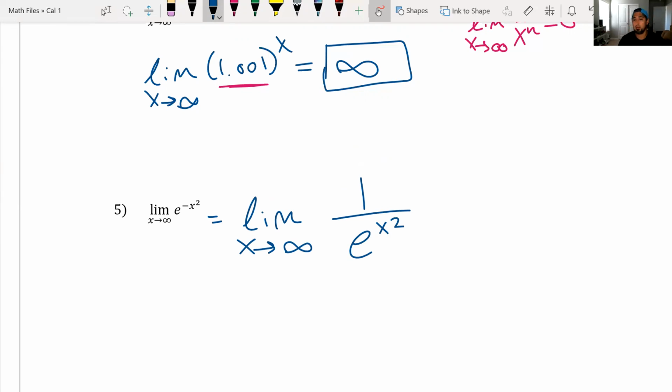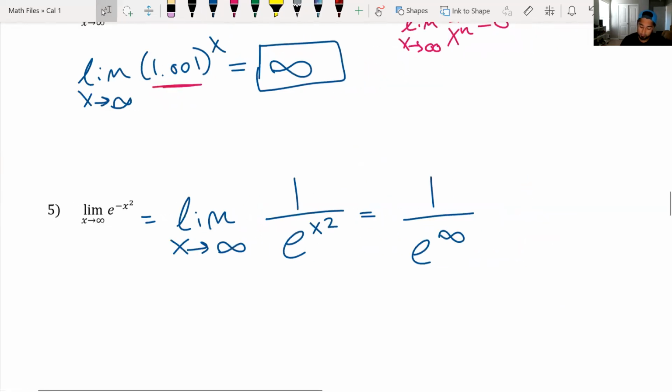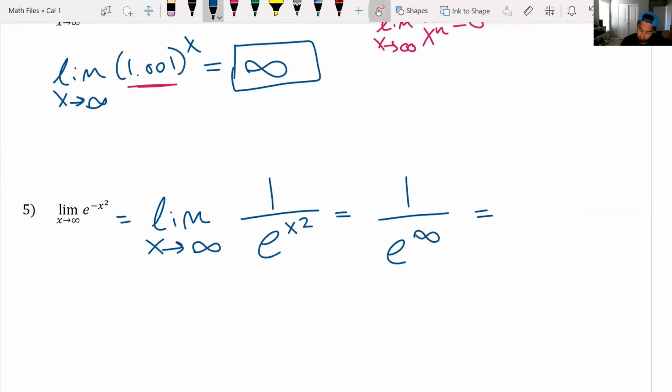Well, if you plug infinity in, you'll get 1 over e to the infinite power, which means the denominator again is getting bigger and bigger, which means that we are again headed towards 0.